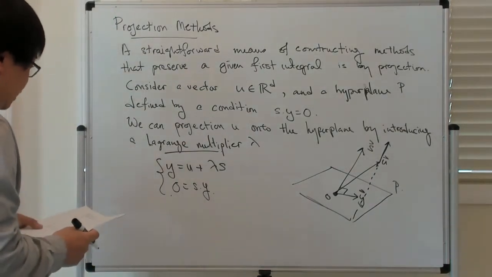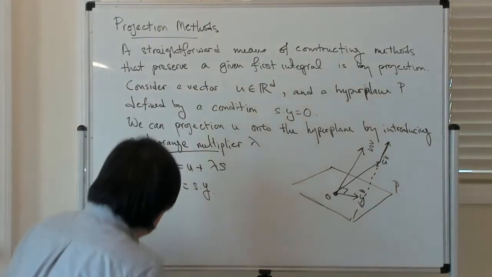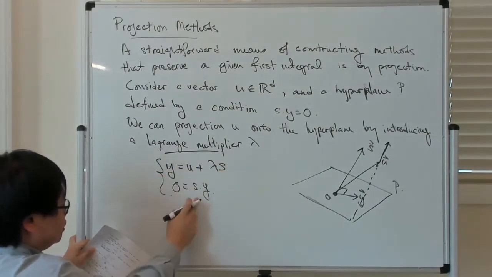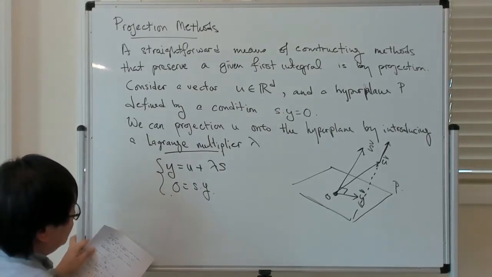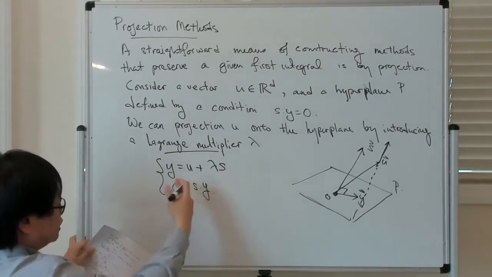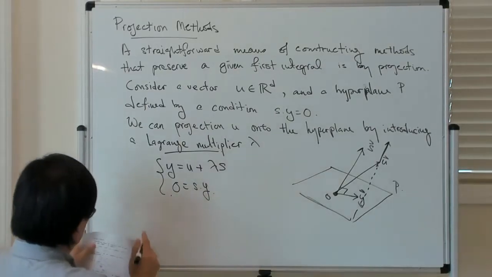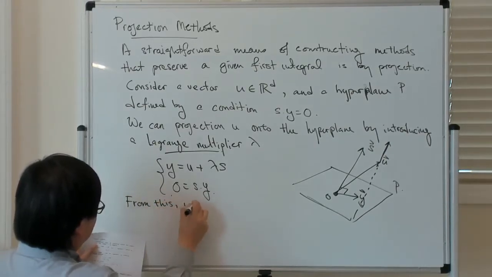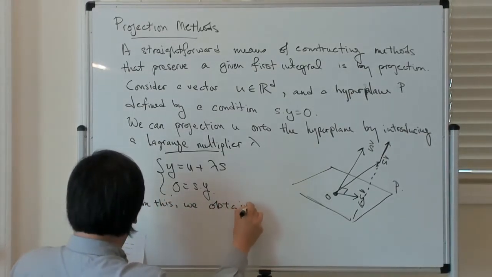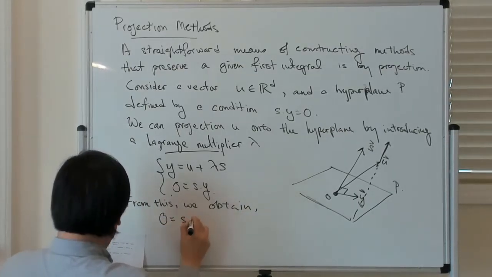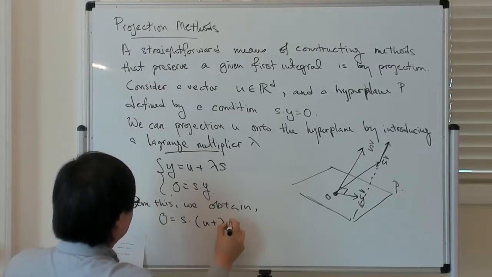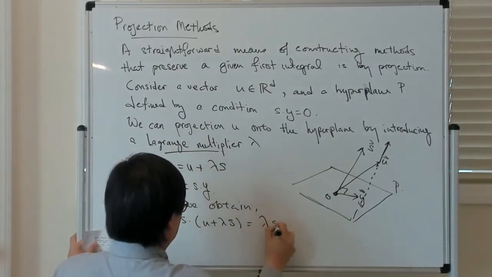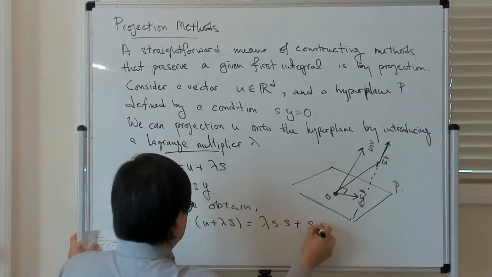So you can then easily solve this. The way you solve this is you take the y expression and substitute it into the defining equation, which allows you to get an expression for lambda, so you can eliminate this Lagrange multiplier. From this we obtain the following: 0 is equal to s dot y, which is s dot (u plus lambda s), so this is just lambda s dot s plus s dot u.